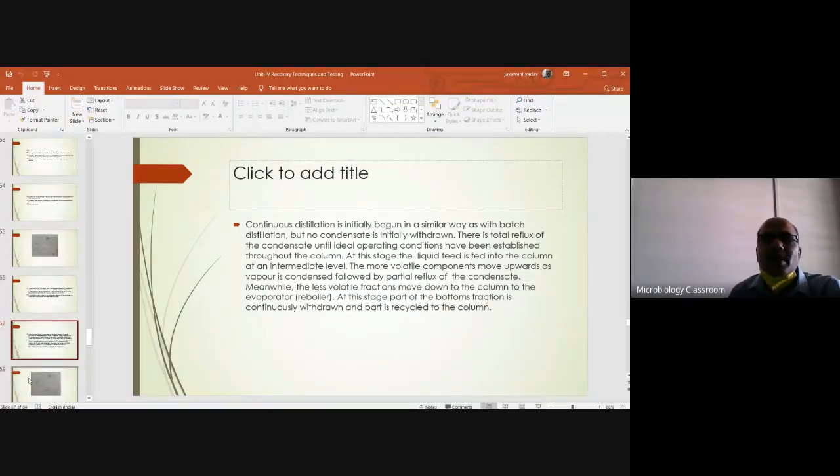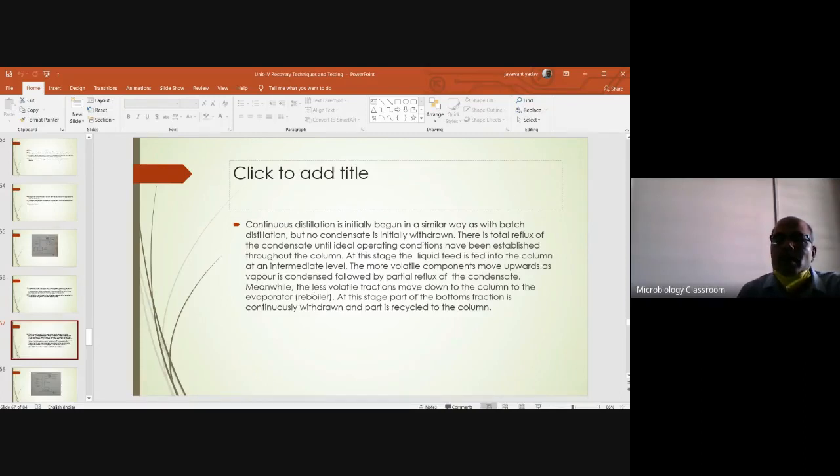In continuous distillation, which begins in a similar way to batch distillation, no condensate is initially withdrawn. There is a total reflux of the condensate until ideal operating conditions have been established throughout the column. At this stage, the liquid feed is fed into the column at an intermediate level.